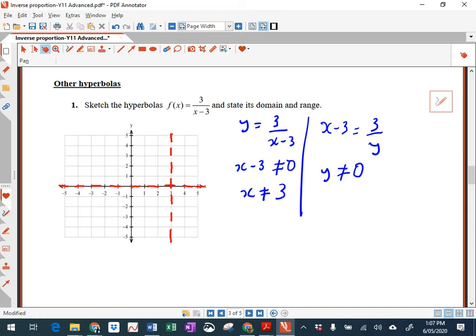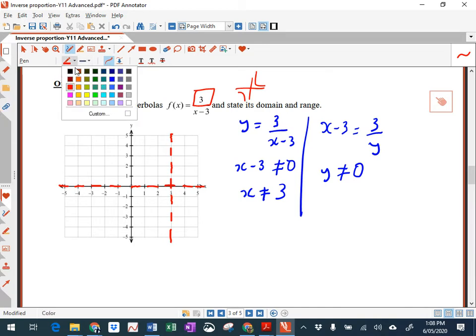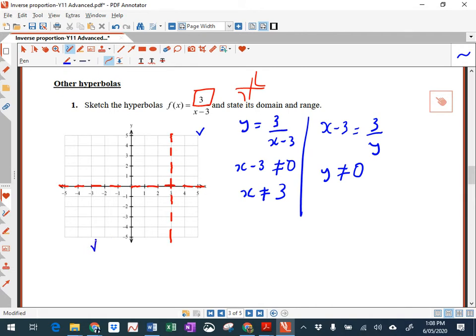Well, if you remember, when we said that if this is positive, we'd be in the first and the third quadrant. So this is similar. We're going to draw it in a similar way. So I'm going to be here. If you like, think of the dotted lines as your new quadrant guidelines, and here.